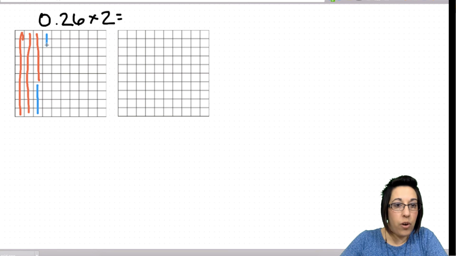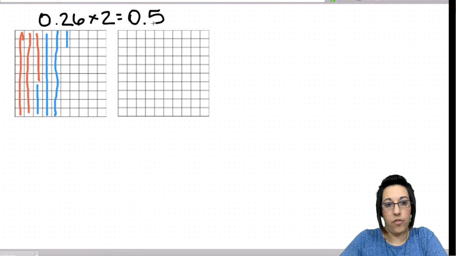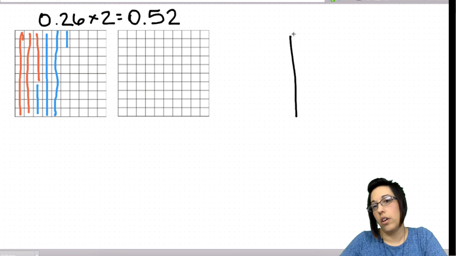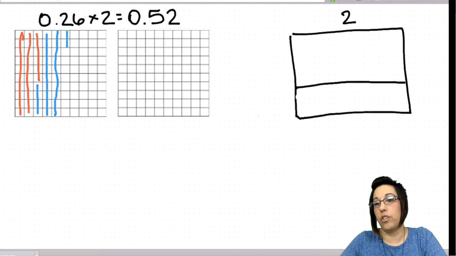Let's see. 4 plus 10 is 14. Plus 10 is 24, 25, 26. So our answer should be 1, 2, 3, 4, 5. That would be 0 and 52/100ths.